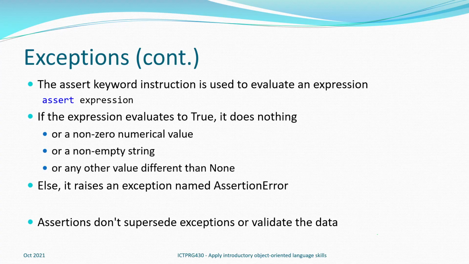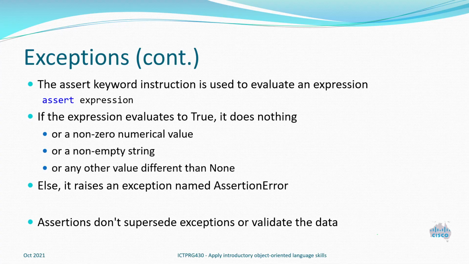The next bit here, before we go through some examples, is how we can evaluate conditions, and if a condition is true, then it does nothing. If the expression is false, then it raises an assertion error.